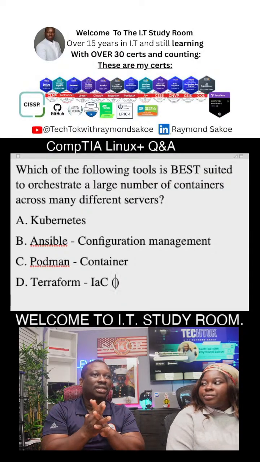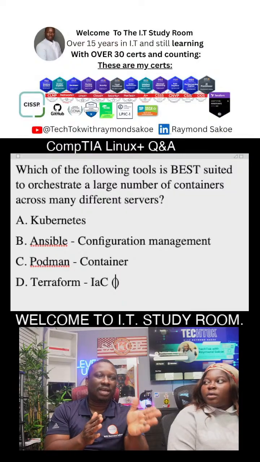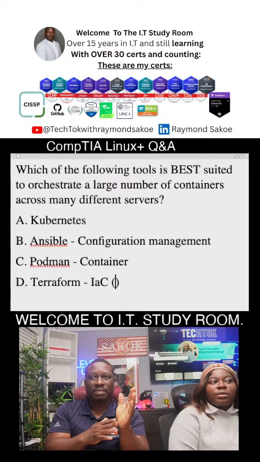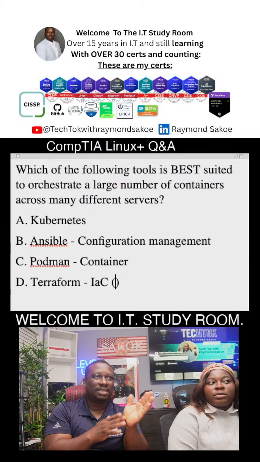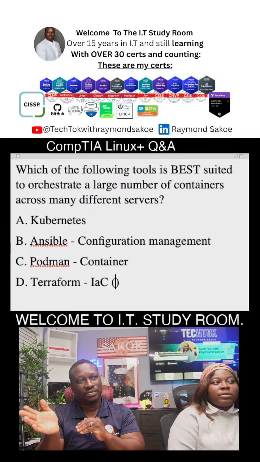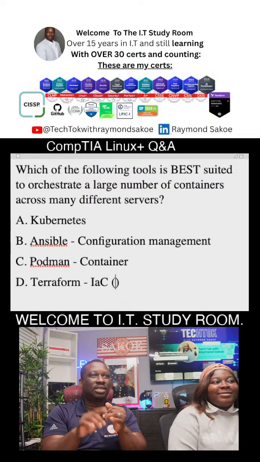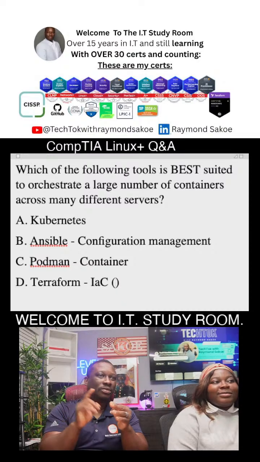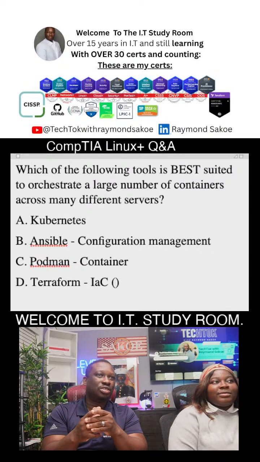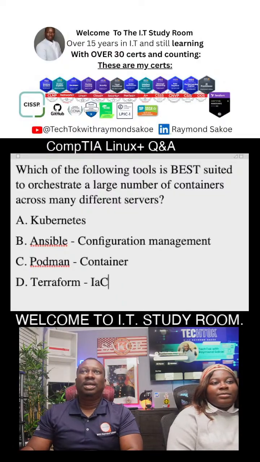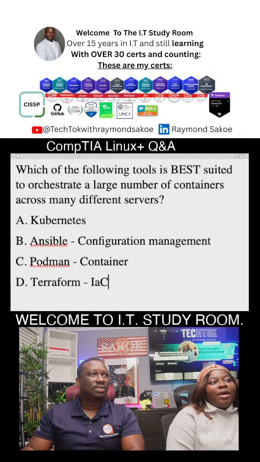It's not vendor specific like CloudFormation, which is for AWS. ARM template or Bicep is for Microsoft Azure. Terraform is everything else. You can use it for Azure, AWS, Google Cloud, and even on premises. So that is it. Let's go to the last question.